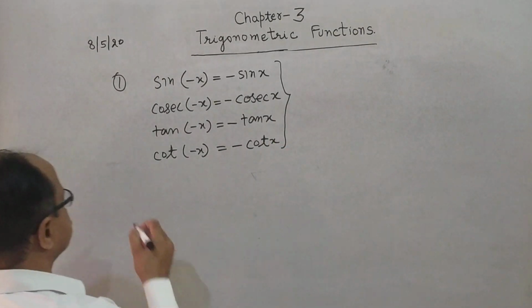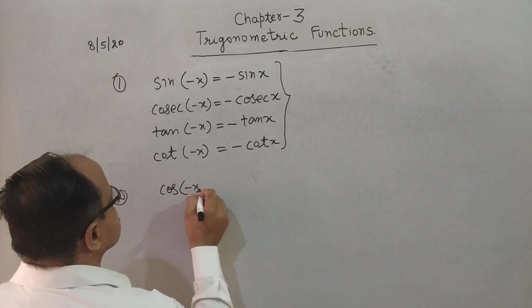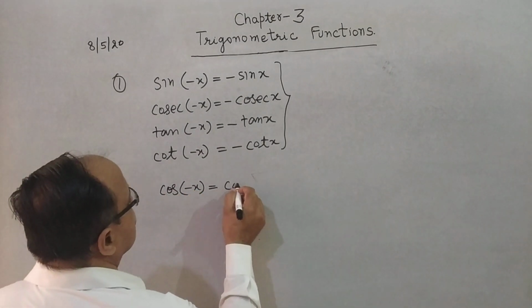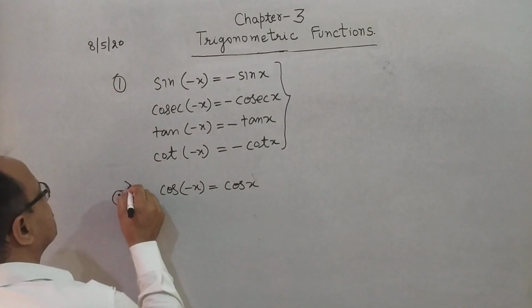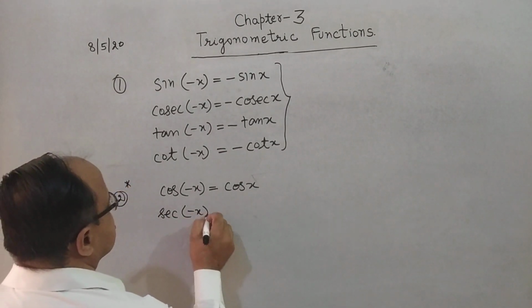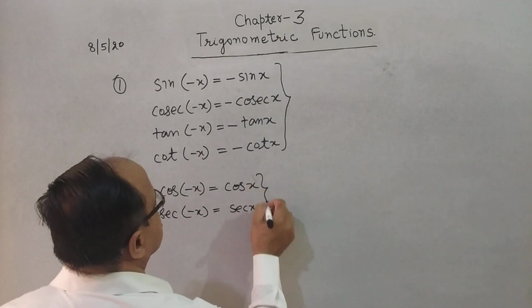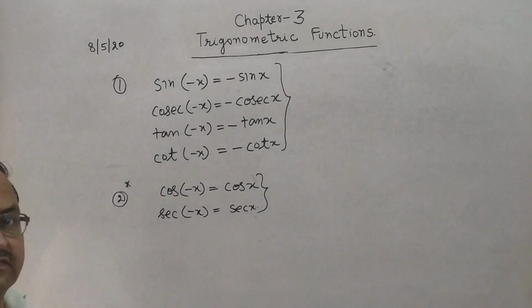But you know that cos of minus x is equal to cos x, very important, and secant of minus x, that is sec x. Okay.